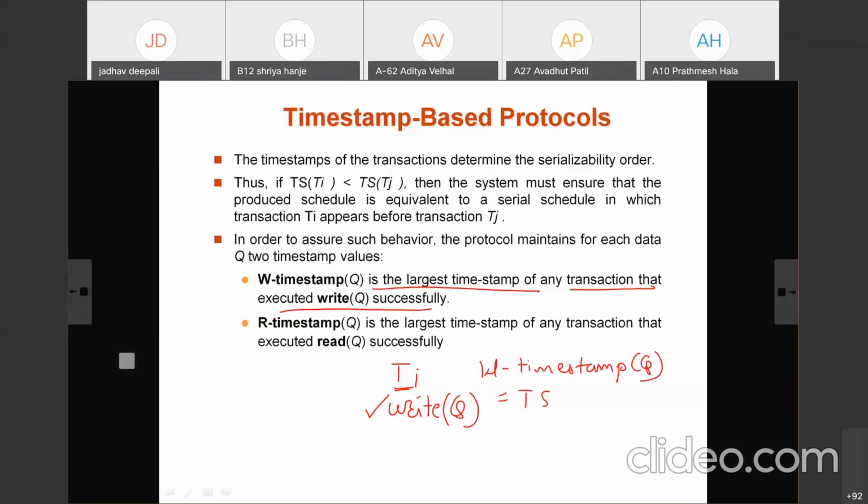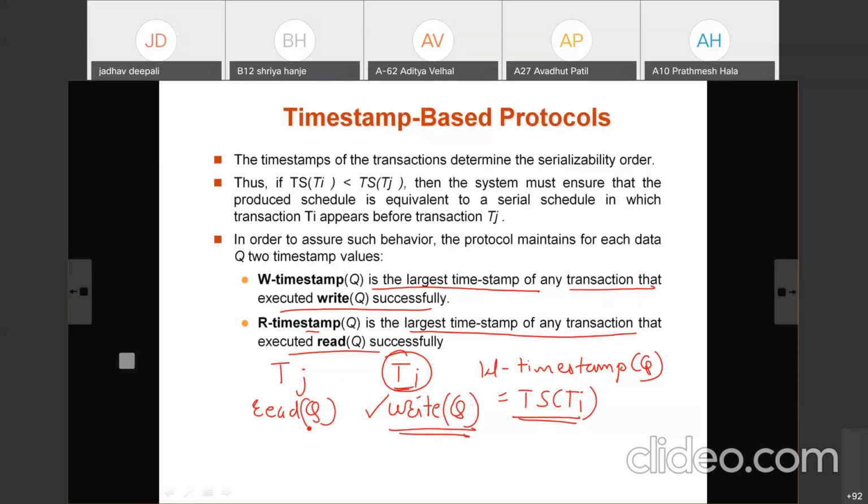If transaction TI executes write(Q) successfully without any error, then the W-timestamp of data item Q is equal to TS(TI).